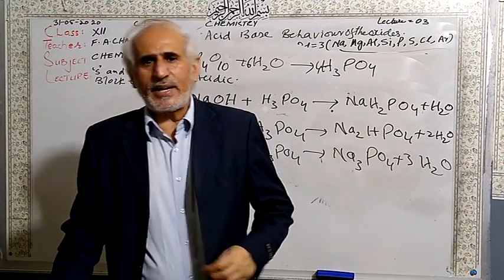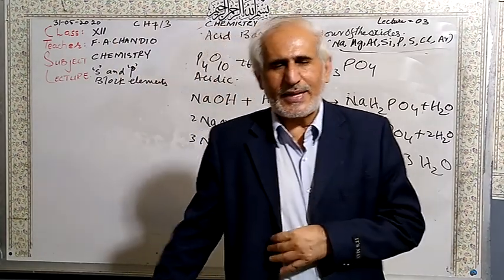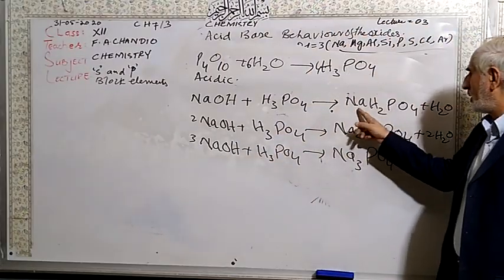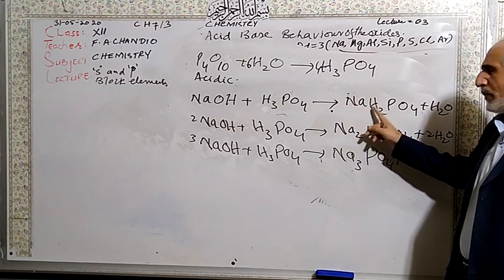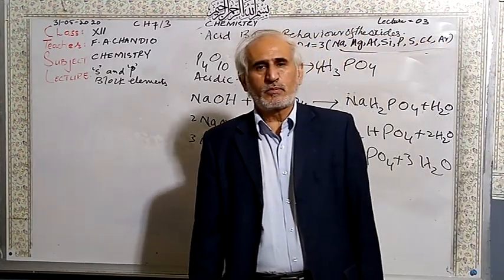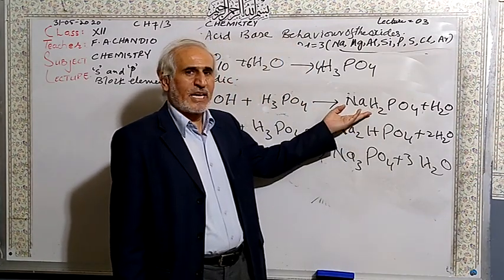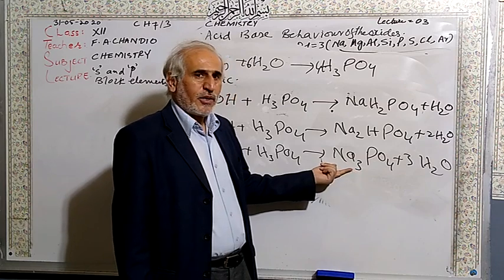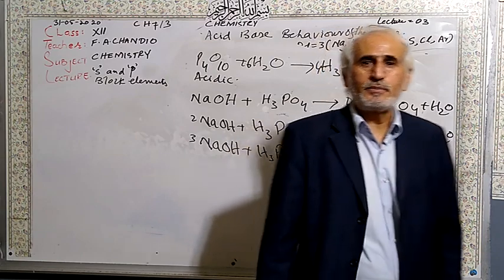So dear students, in grade 10 you did a very important topic in the acid base chapter. The salt which contains replaceable hydrogen is called an acidic salt. And the salt which does not contain hydrogen or hydroxyl is called a normal salt.